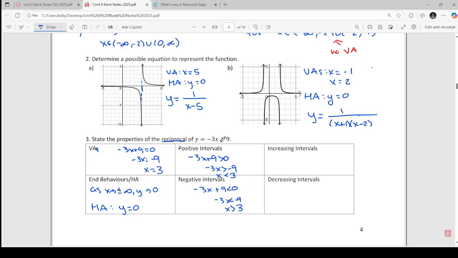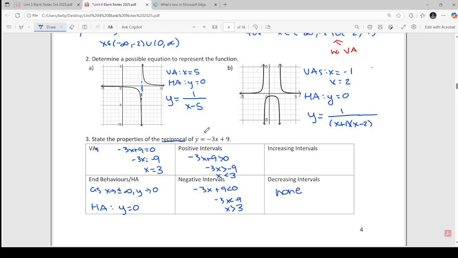The increasing intervals on your reciprocal come from when your function is decreasing. This line is entirely decreasing, so on your reciprocal there will only be increasing intervals and no decreasing intervals.